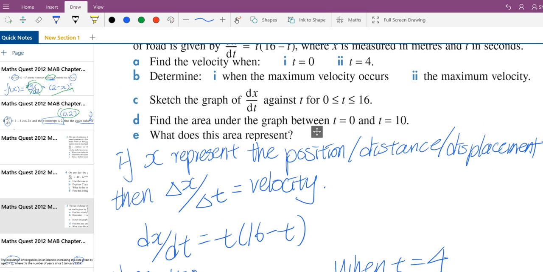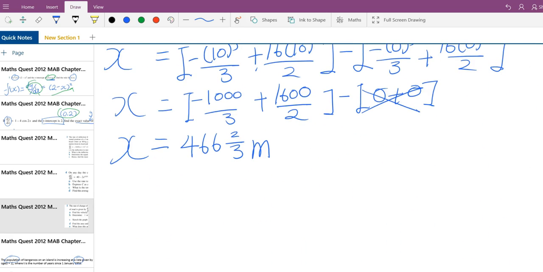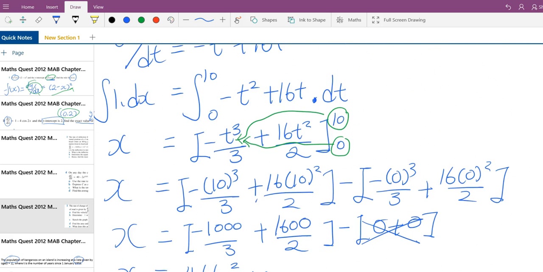And then E, what does this area represent? The area has a unit of meters, so it is definitely distance.